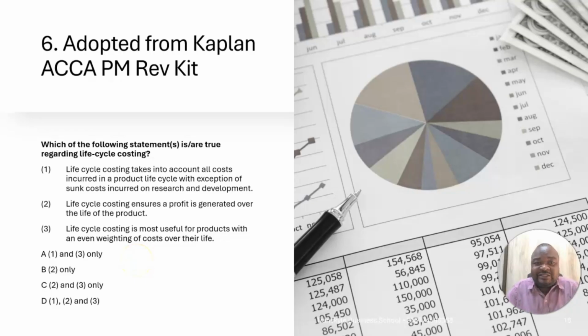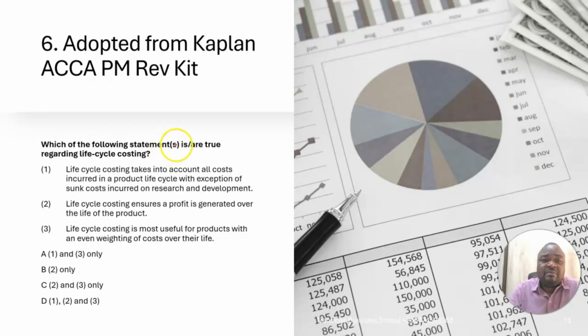Which of the following statements is or are true regarding life cycle costing? Number 1, life cycle costing takes into account all costs incurred in the product life cycle, with the exception of sunk costs incurred on research and development. Okay, guys, we know that even initial costs like research and development are part of the cost of the product.